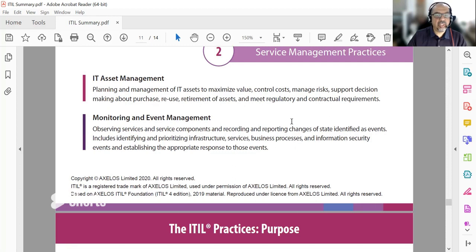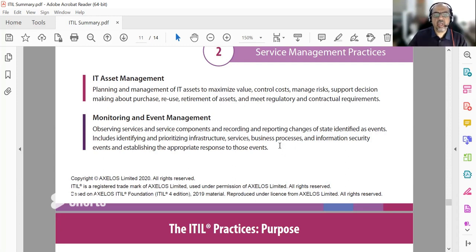Then we have monitoring and event management for the environment. I mean, the IT environment, the infrastructure, services, business processes, the information security, different services running like backup, service up and running, hardware, software, performance of the software, performance of the hardware, and so on.